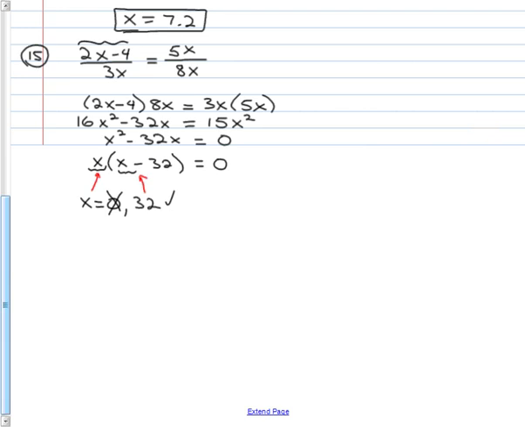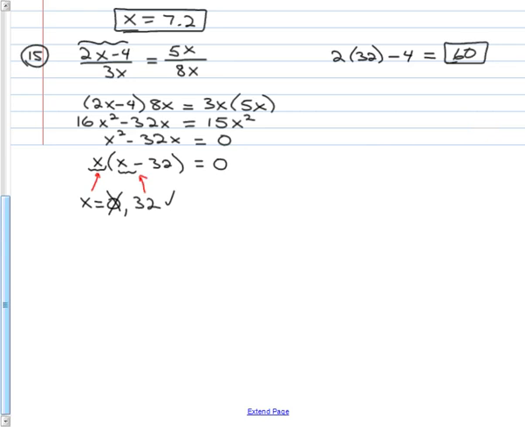So if x is 32, 2 times 32 minus 4 is going to be our length from A to D. Well, 2 times 32 is 64, minus 4 is 60. From A to D, we must have a length of 60 in order to make it true.